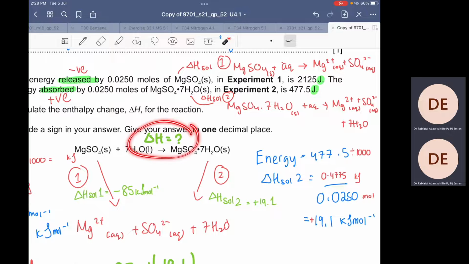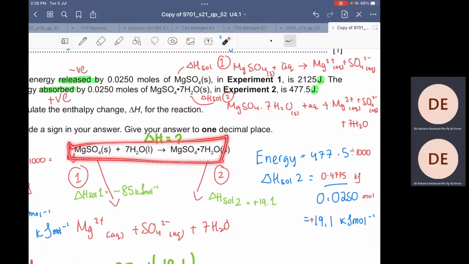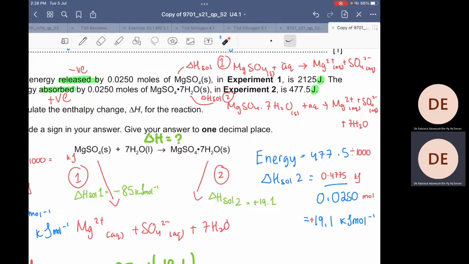Now my question is, in terms of 1 and 2, how do I find the delta H for this top equation? In terms of 1 and 2. How do I find delta H? 1 minus 2, okay?